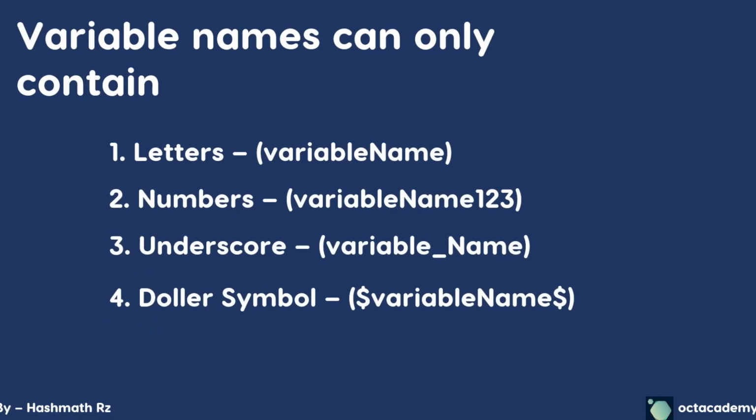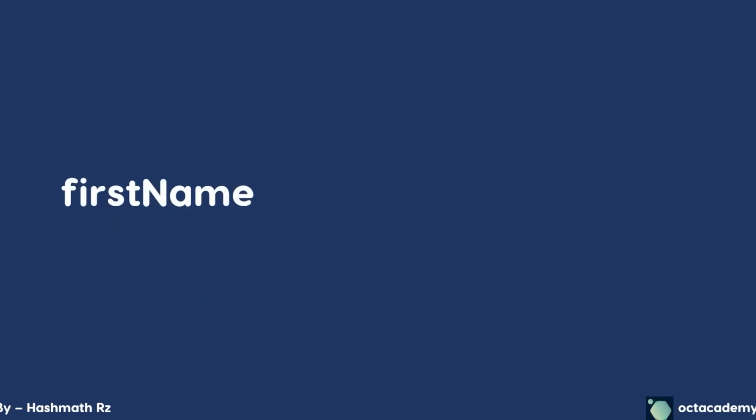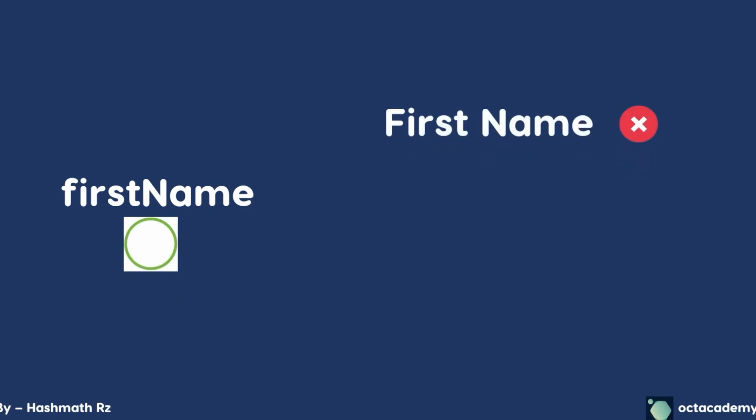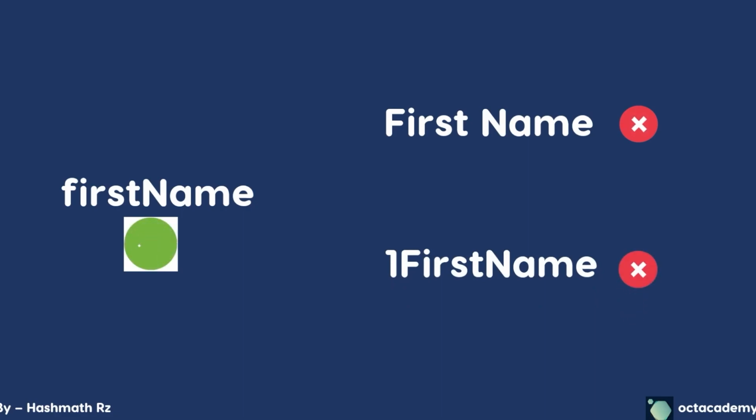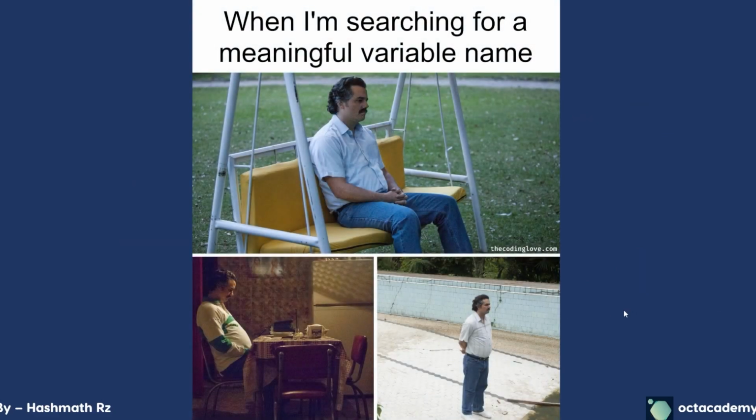For example, firstName is a valid variable name, but "first name" with a space is not a valid variable name, because it contains a space. And also don't use a number as the first letter, something like 1firstName. Guys, when you create a variable name, use meaningful names. It will be easy to debug and it will improve the readability of the code. It's a good practice when creating variables, not only in JavaScript but in any programming language.